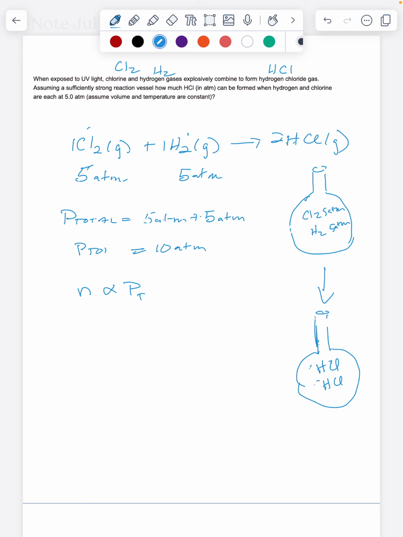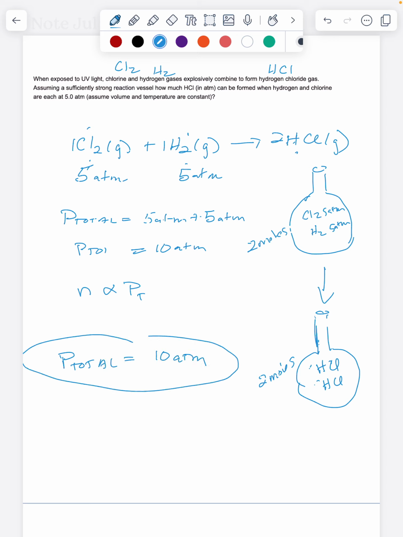And because we had 2 moles of gas at the start, and then after the reaction occurs we still have 2 moles because 1 and 1 make 2, then it's going to have the same pressure. So it's going to be a P total of 10 atmospheres. And that will be your answer.